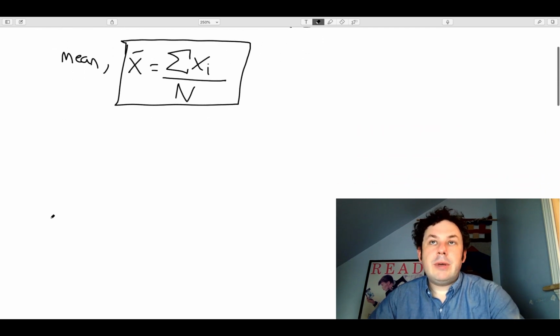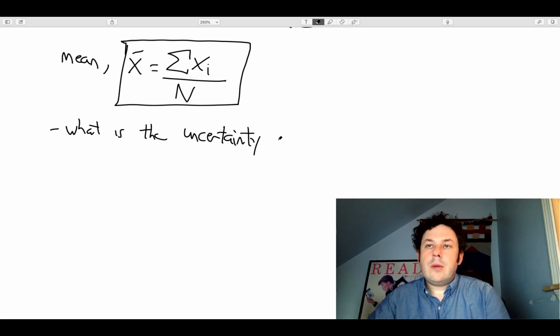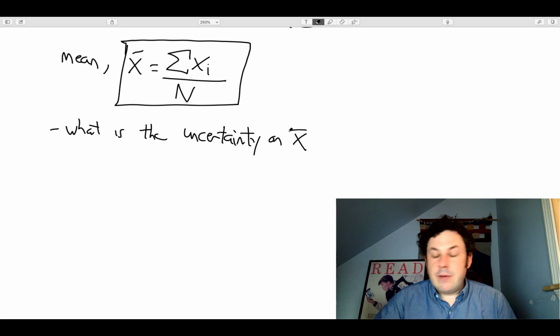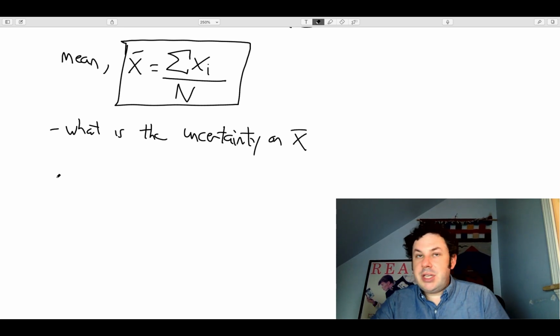That seems simple enough. So the second question becomes, what is the uncertainty on this? So the real question becomes, what is the uncertainty on that, or an individual measurement? So you might look at the average deviation from this.